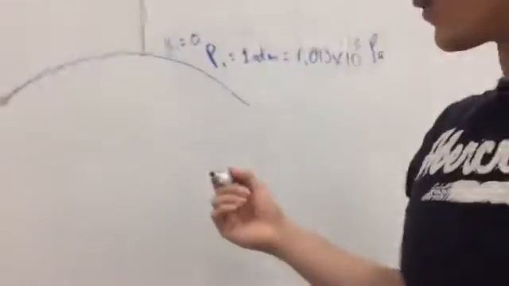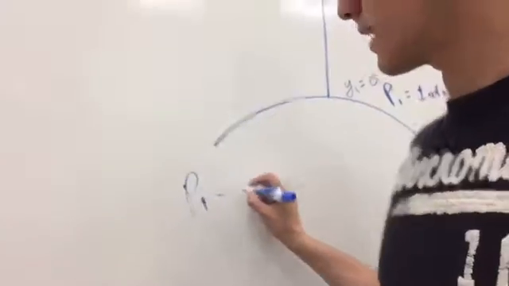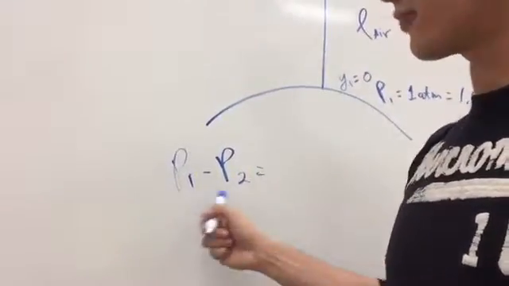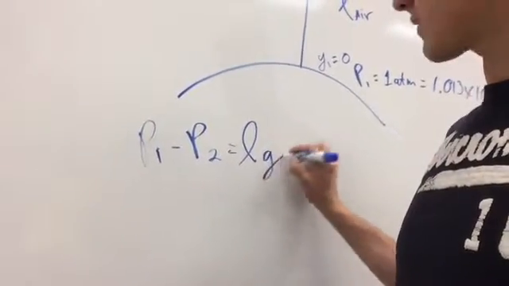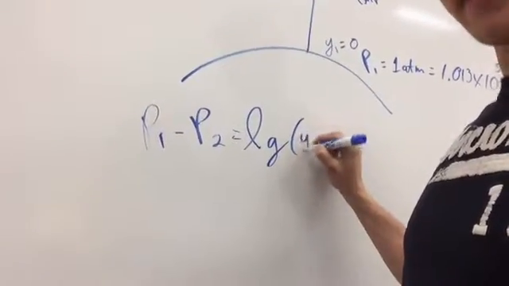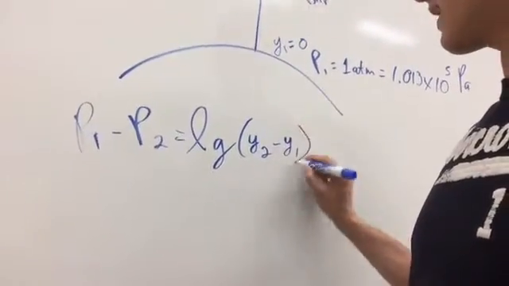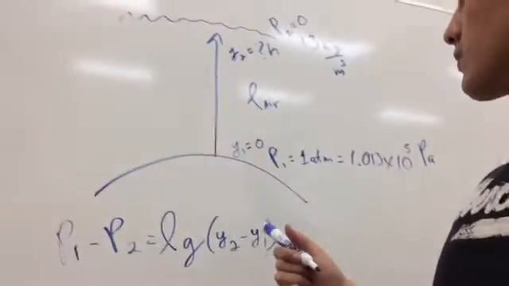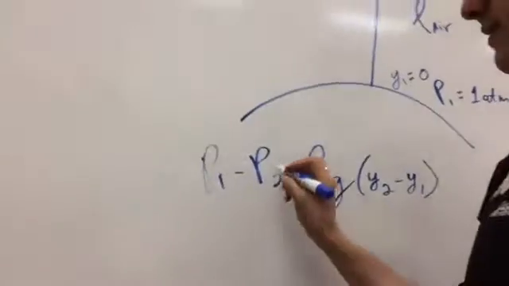Now, for solving the first exercise, we have our formula for pressures: P1 minus P2 equals rho g, density, gravity, and my height. As we can see, pressure 2 equals 0, so we take that one out.